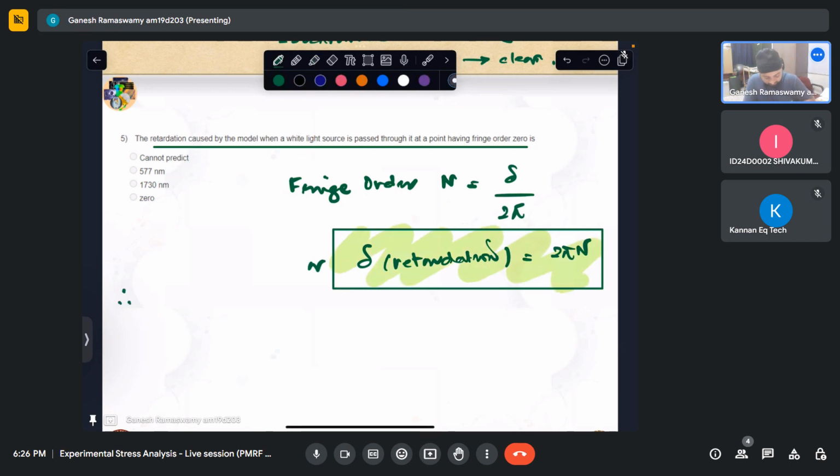So therefore, if n is 0, naturally our retardation introduced is 0 in this case. I hope this is clear.